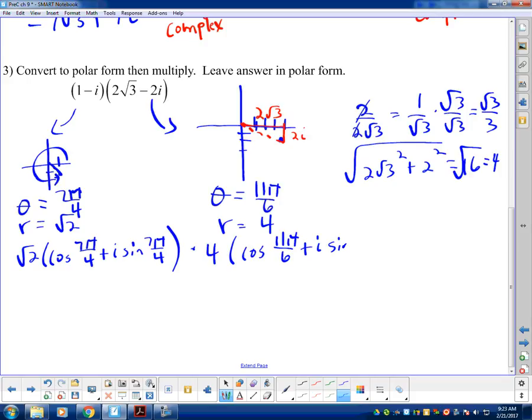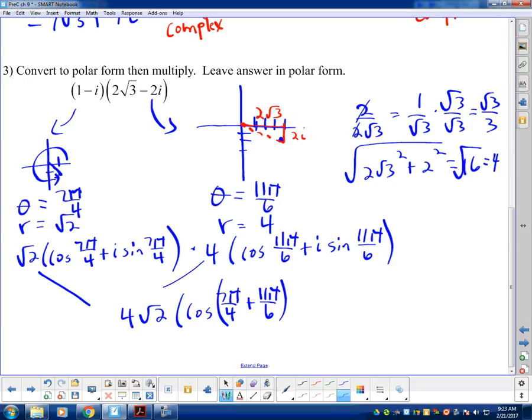Now when I go to multiply those two, I just multiply the r's together. So it's 4 root 2, and then it's cosine of 7 pi over 4 plus 11 pi over 6, plus i sine of 7 pi over 4 plus 11 pi over 6. I have to add the two angles because I'm multiplying them.